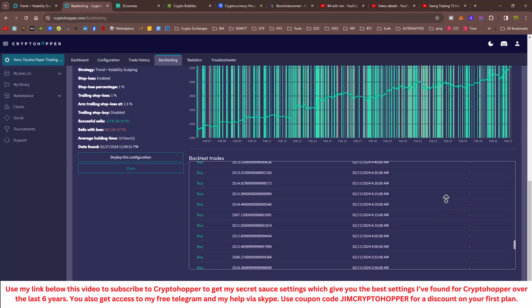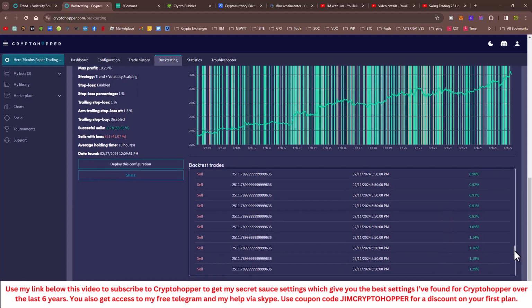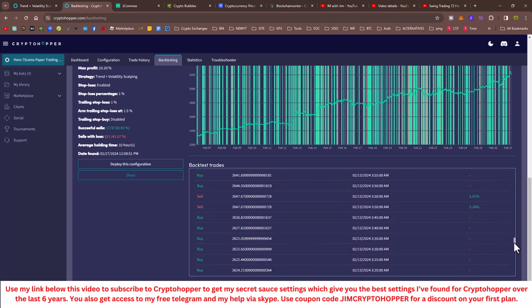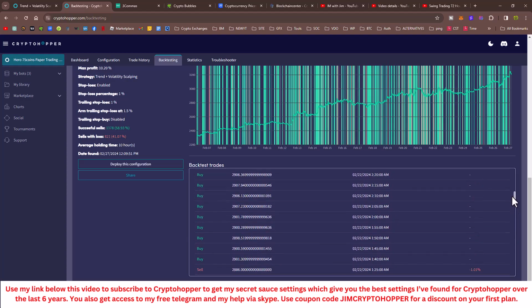Look at that, so many. I'm going to use this, it's a bit quicker. You can see there, we've got some 5%ers. Still too many stop losses for my liking.